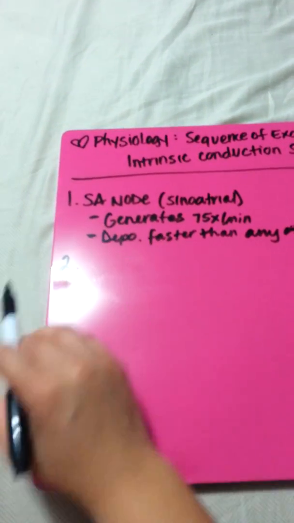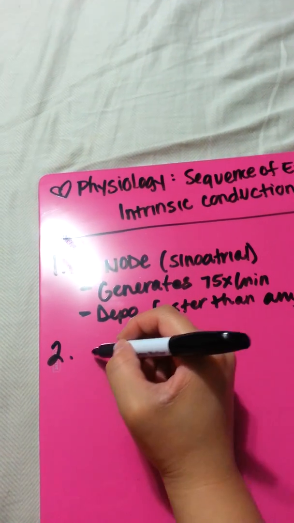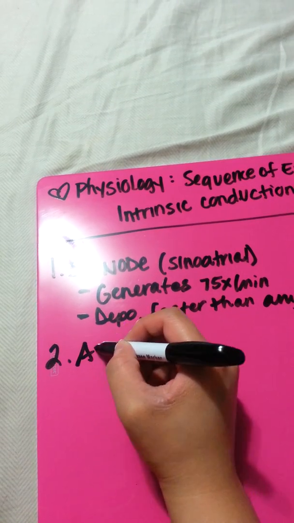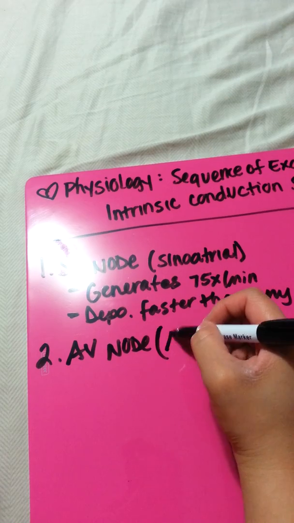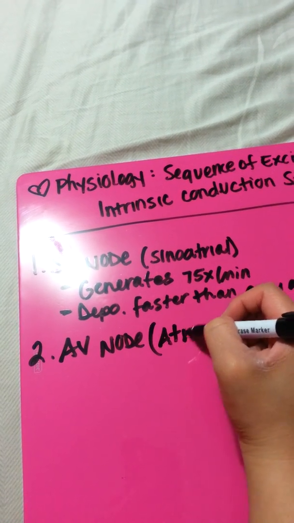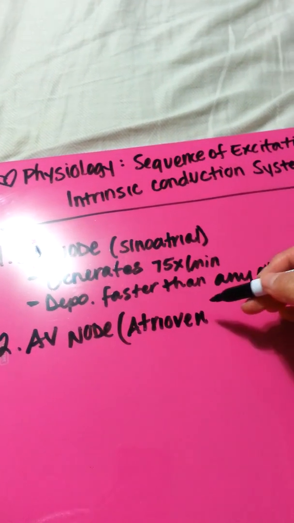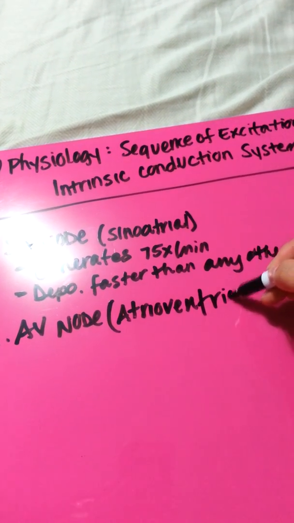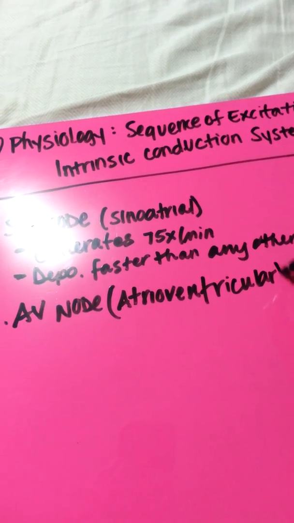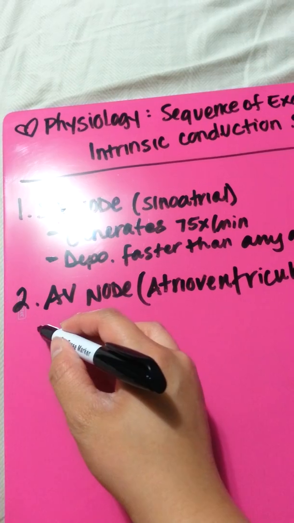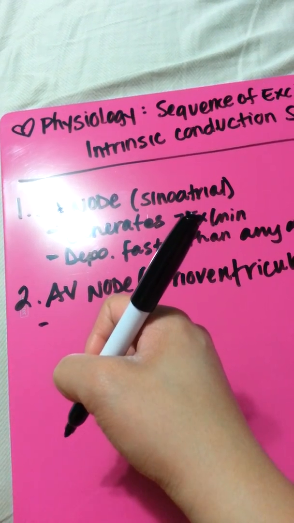We have 2, which is known as the AV node, or the atrioventricular node. And this one has smaller diameter fibers.